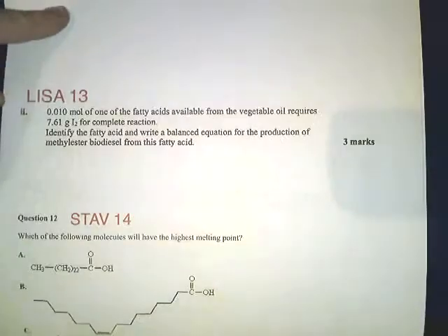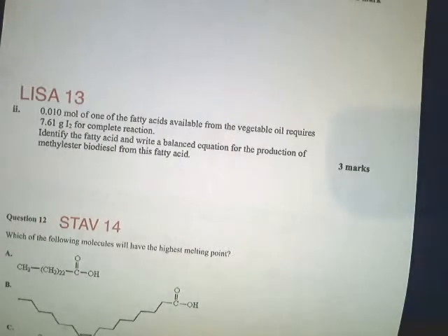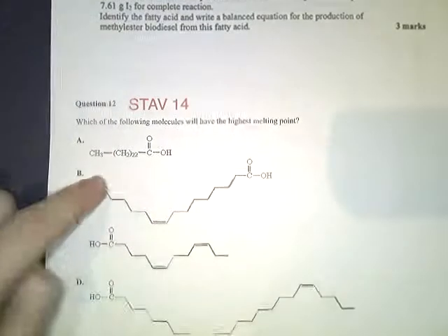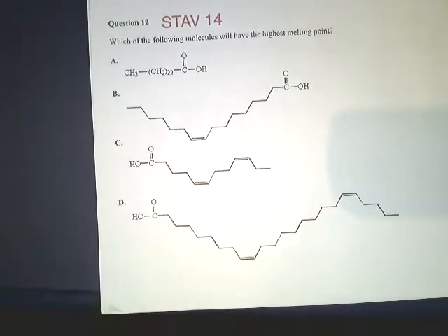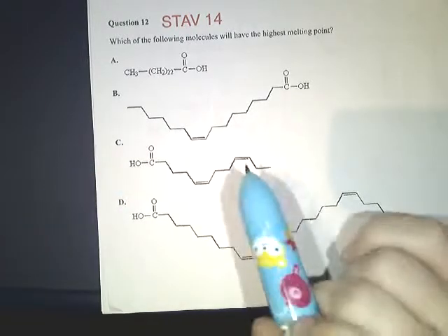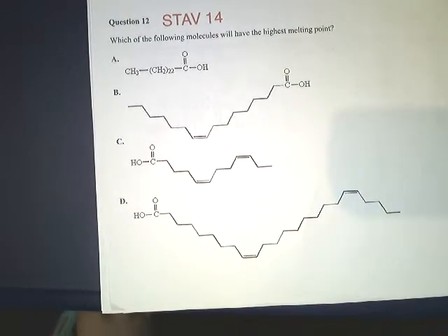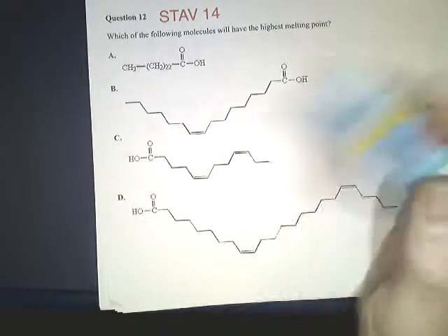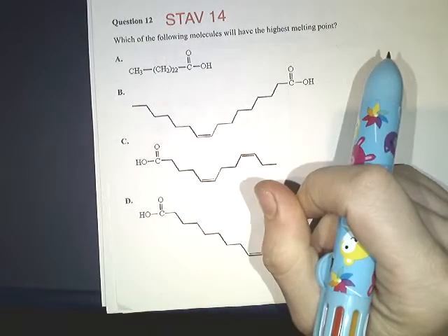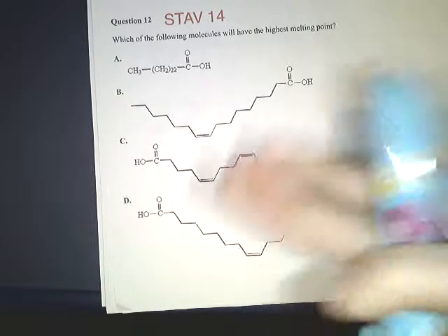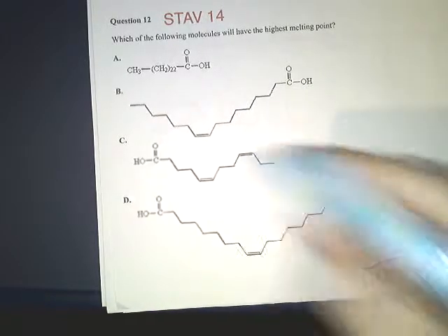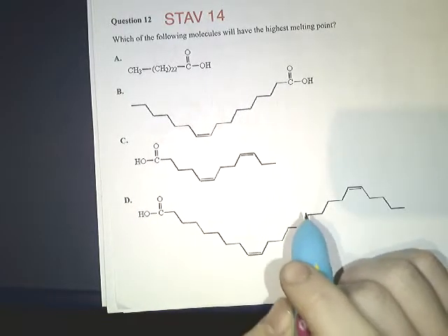Okay, this one we've done before. Actually, we're going to skip that for a second and go to this one. It's a little easier. Which of the following will have the highest melting points? Now, this is a really good question. It shows you the positions of the double bonds.